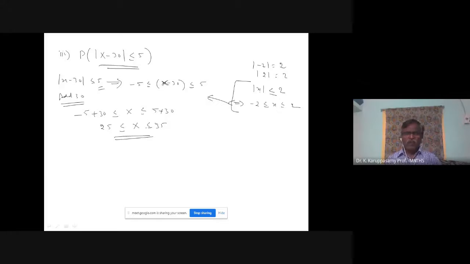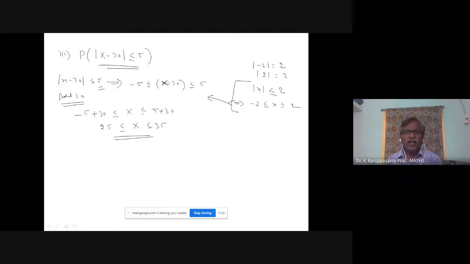This is the actual meaning. You can get this answer in many different ways. The difference between x and 30 is not more than 5. Now you see that x lies between 25 and 35.